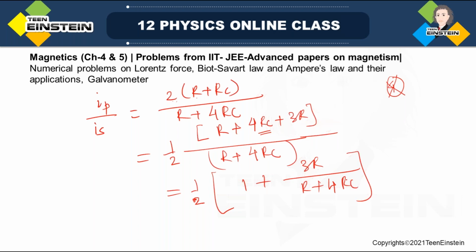And then this is 1 plus 3R by this R plus 4RC. Okay, so now if RC is less than R by 2, then 2RC is less than R. Okay, this we know.